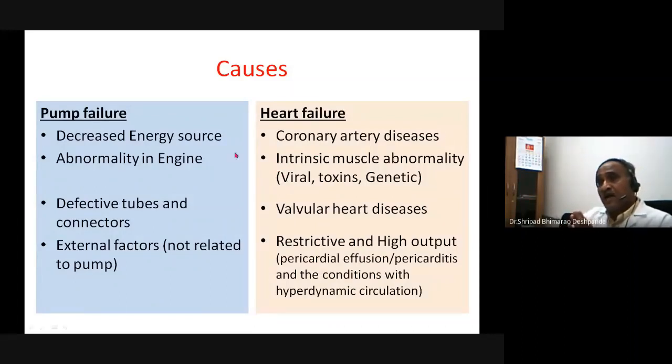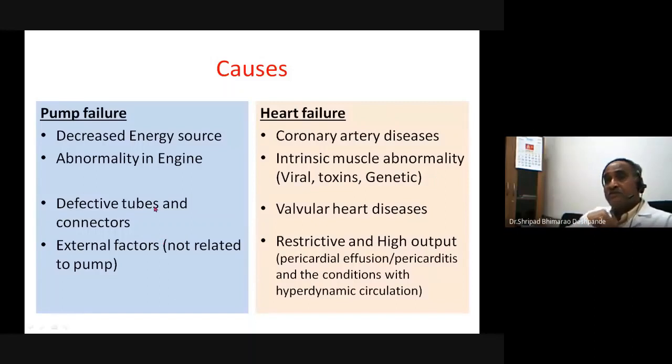Then we have the abnormality of the engine, that is the heart machinery, the intrinsic muscle abnormality. It may be myocarditis produced by a virus, toxins, or genetic causes, or cardiomyopathy, that is an enlargement of the entire ventricles.